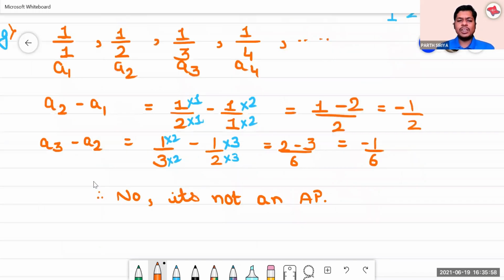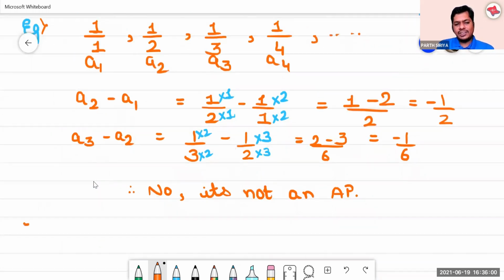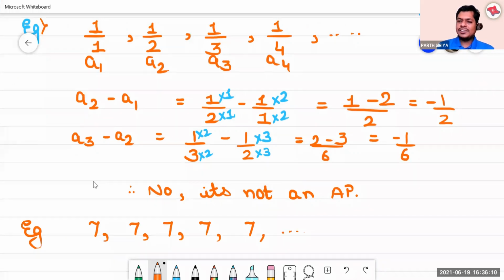चलो एक और धमाकेदार question. What about this? 7, 7, 7, 7, 7. Will this be an AP or not? Tricky? क्या कहते हो? क्या ये AP होगा या नहीं?